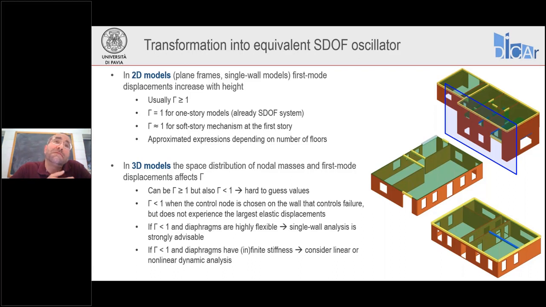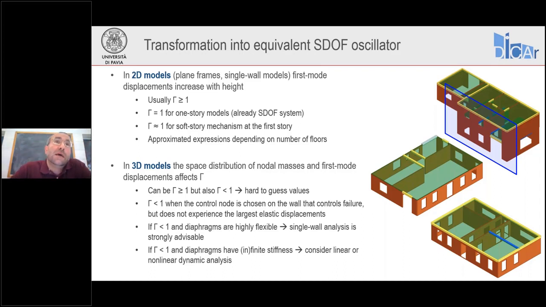Now, this fact that gamma is less than 1 usually happens if we are considering a control node which is on the wall that is controlling failure of the system, which is an appropriate choice. But under initial conditions, when the building is responding elastically, this wall is not experiencing the largest displacement.